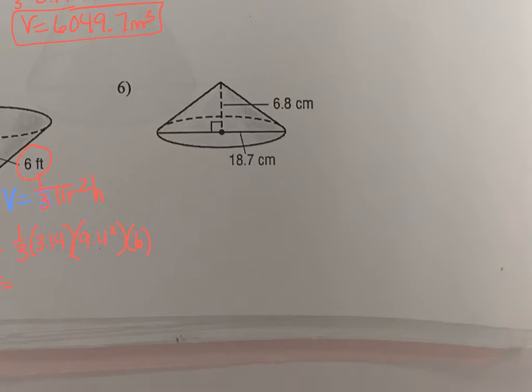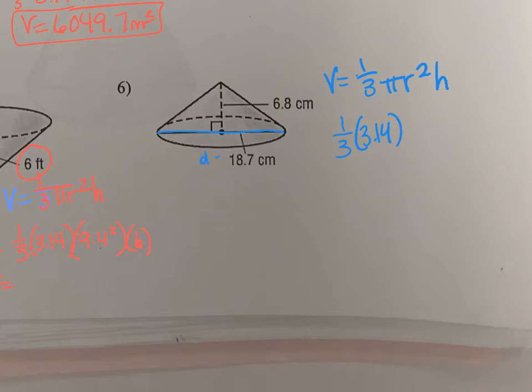And last one, number 6, is volume equals 1/3 pi r squared times height. 1/3 stays, pi is going to be 3.14. My radius, so look at your base and look where they drew the line. So this line goes all the way across the circle.